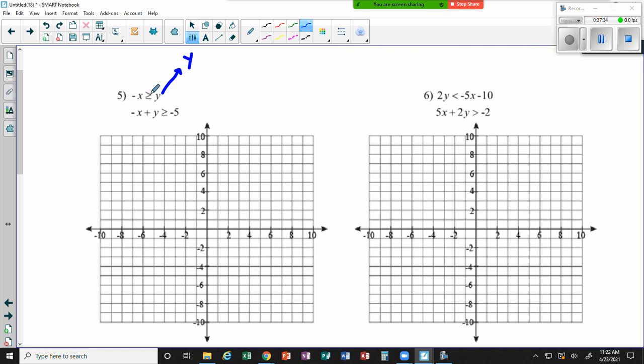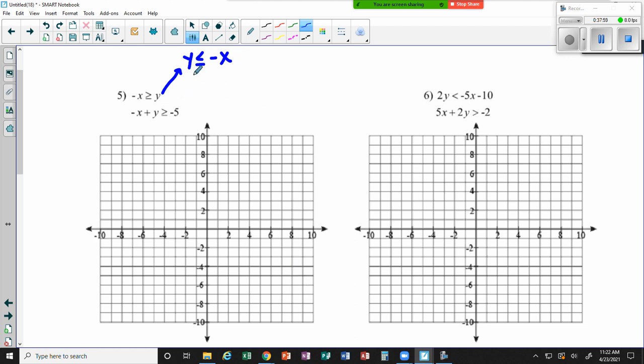You rewrite it the same way. Y is less than or equal to negative x. If you want to flip the inequality, you have to flip everything, the sign, everything. Flip the inequality sign, not the negative sign. So y is less than or equal to negative x.